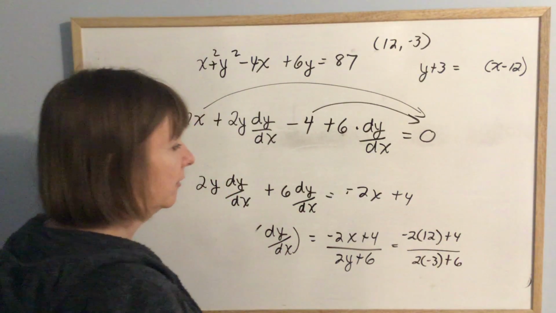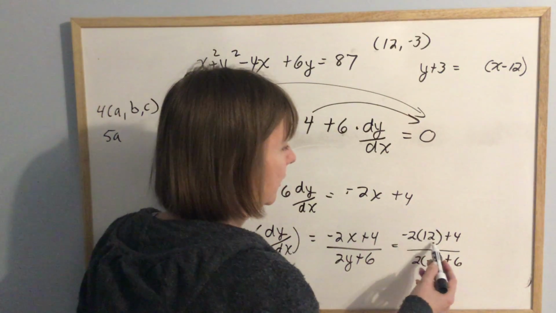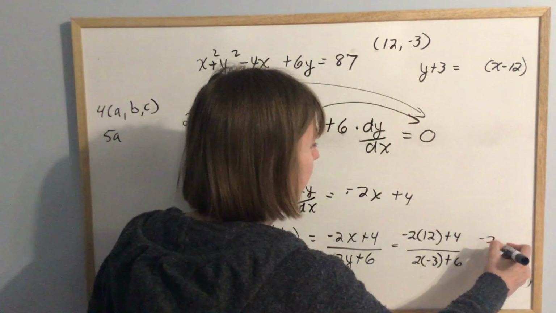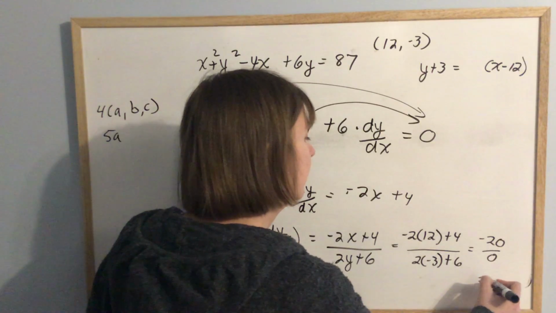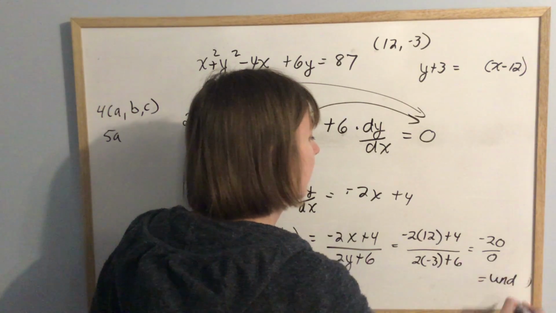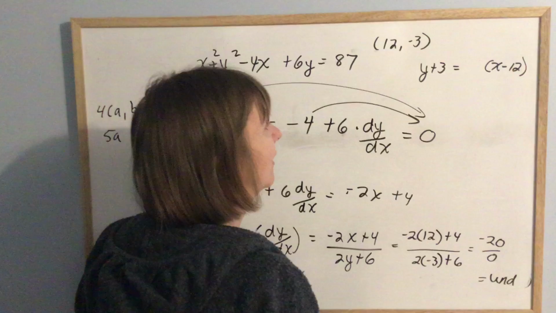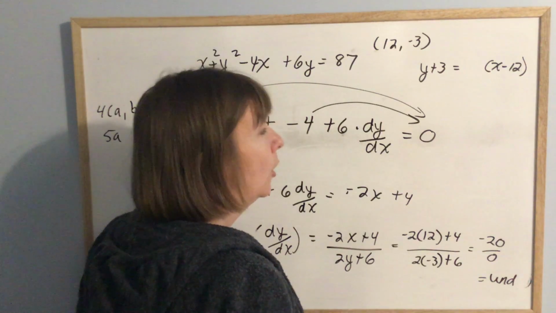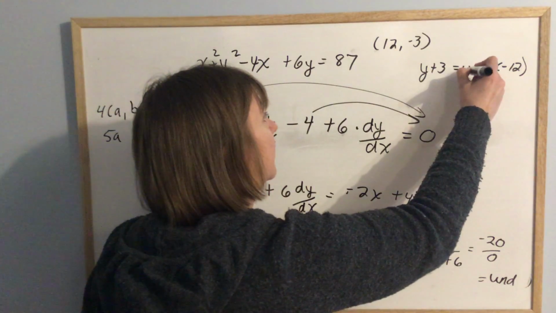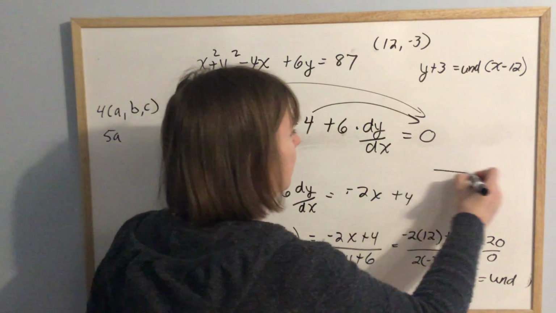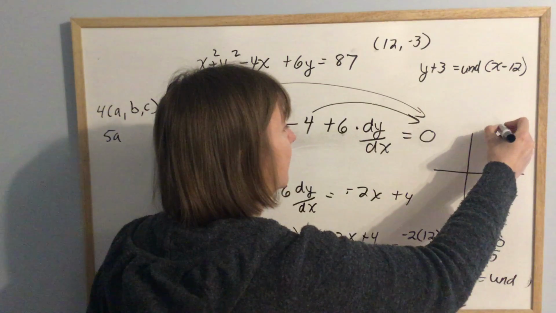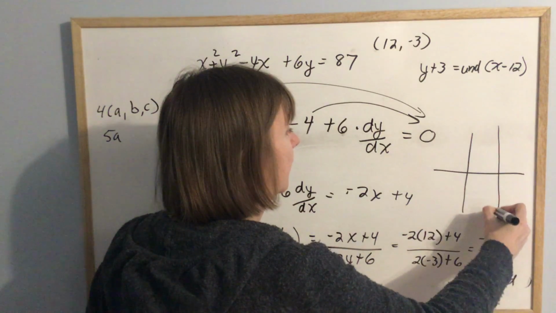Here's the catch on this one. This ends up being negative 24 plus 4. It ends up being negative 20 over 0. But you can't have anything over 0, so it's actually undefined. When your slope is undefined, what that actually means is it is a straight line up and down.